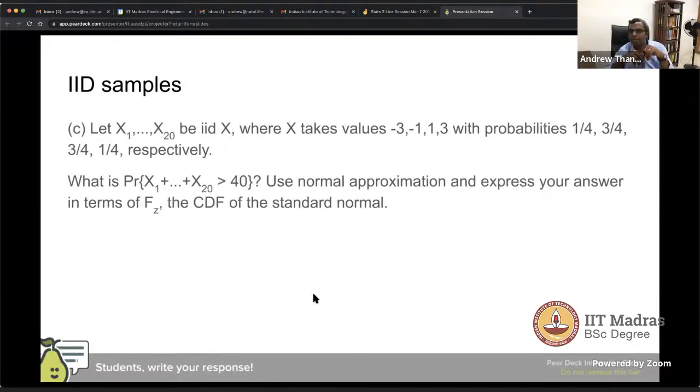You don't have to numerically simplify square roots and all that. You can just leave it in an understandable form.